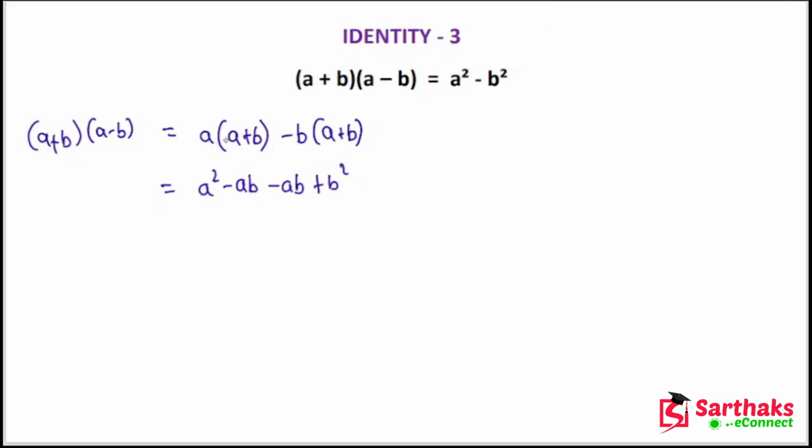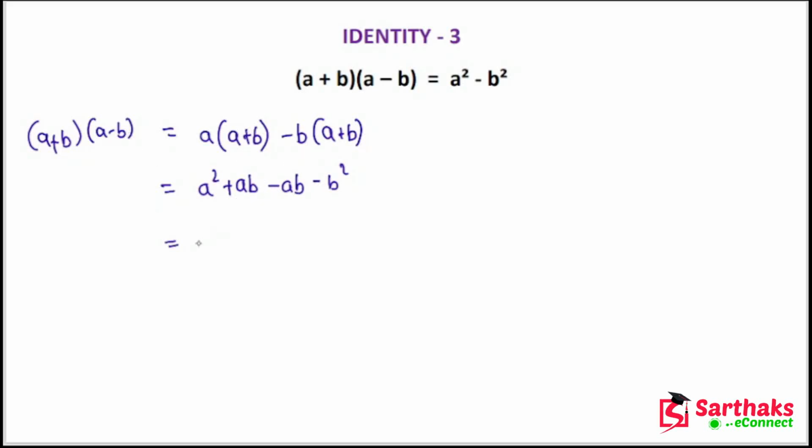So now we'll distribute it. So a square, it will be plus ab, it will be minus ab, and it will be minus b square. Now you can clearly see that after distributing (a plus b) over this (a minus b), what we got is a square plus ab minus ab.